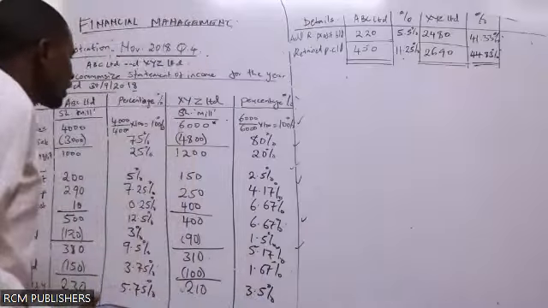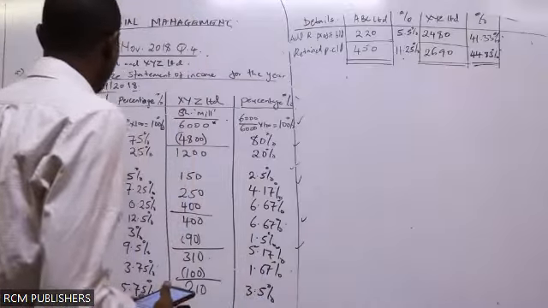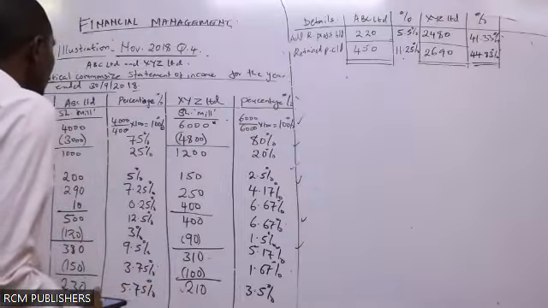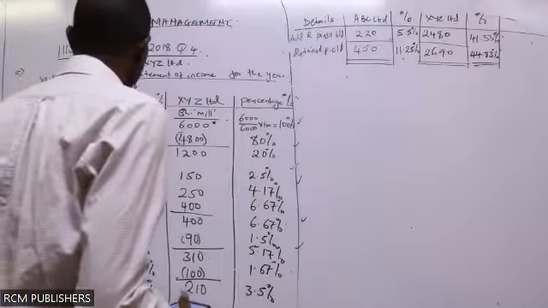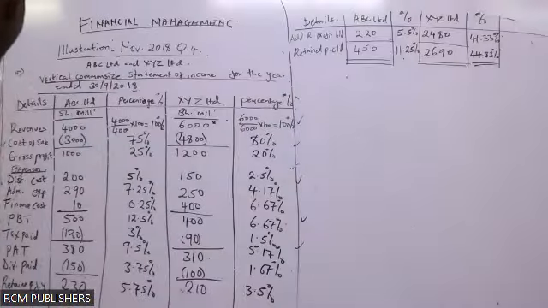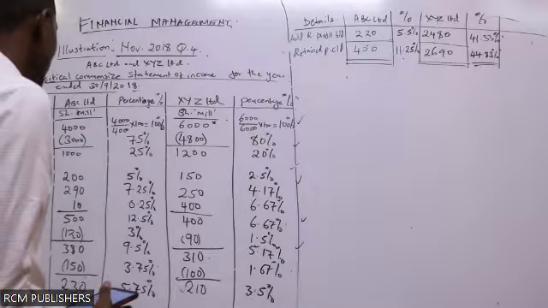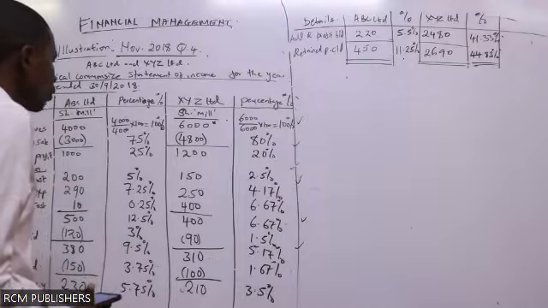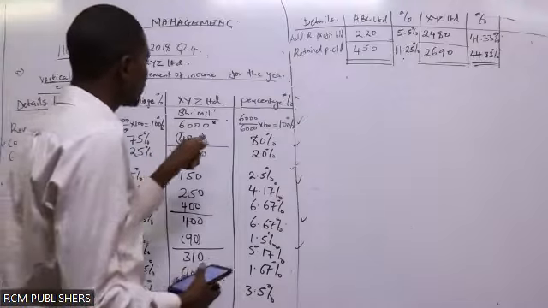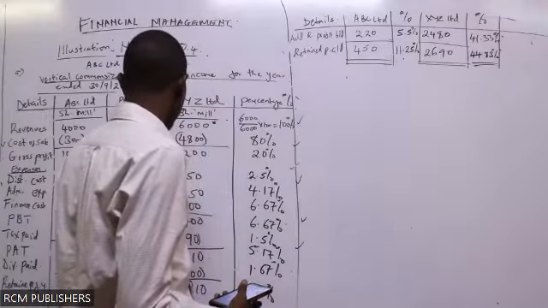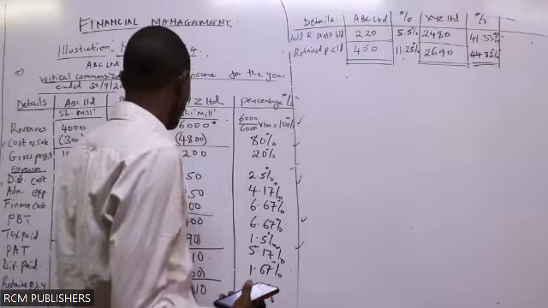So, what can you advise the management of ABC Limited? The first thing, when we compare their distribution cost with the management of XYZ Limited, you see, this distribution cost is far much higher.